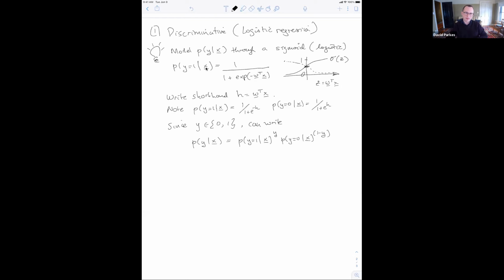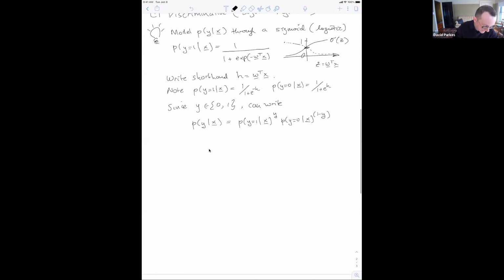So stare at that for a second. When y is 1, this term goes away, and we're just left with this term. And when y is 0, this term goes away, and we're just left with this term. So this is just a convenient expression for the probability of a label given a feature vector x. So now we have all of that.